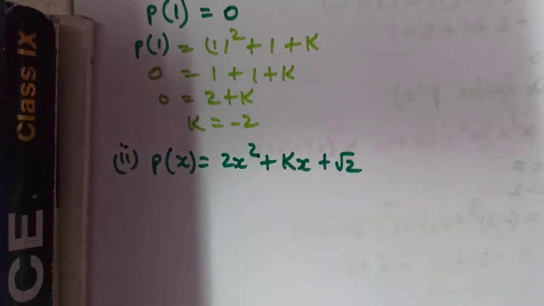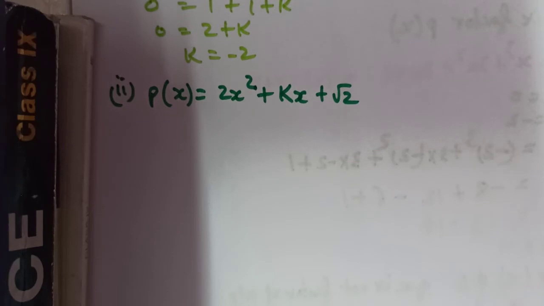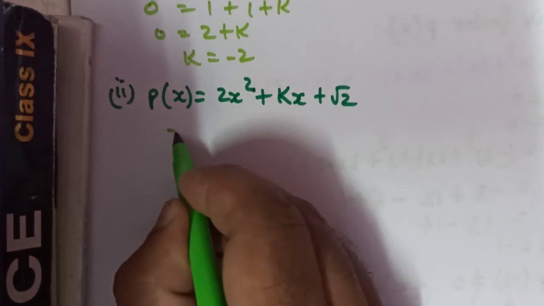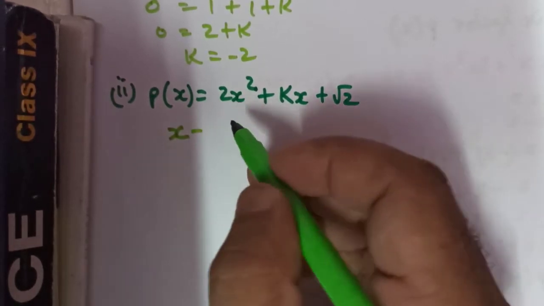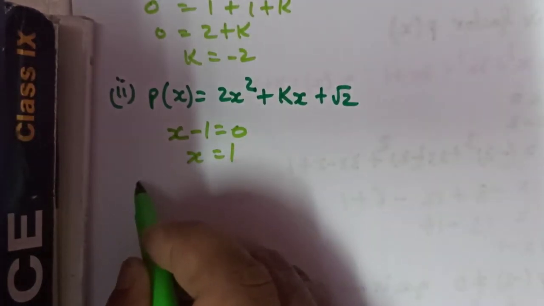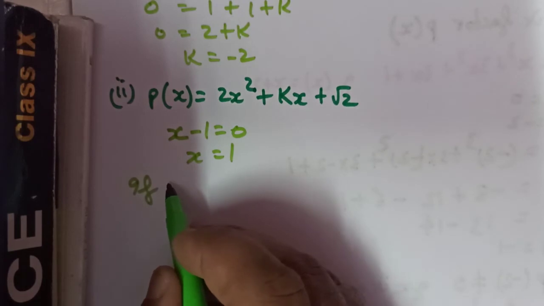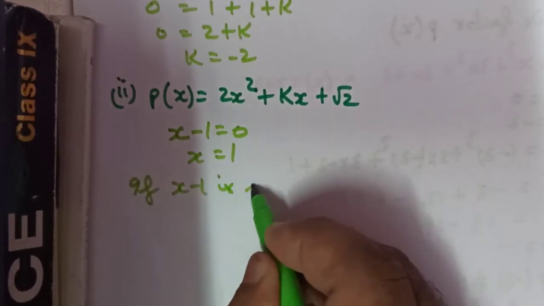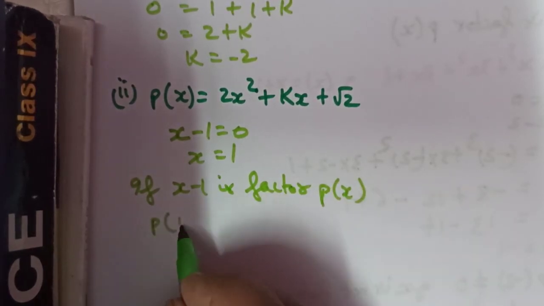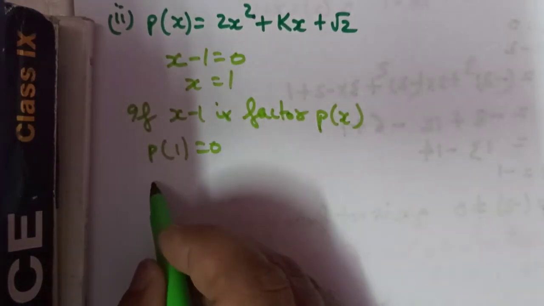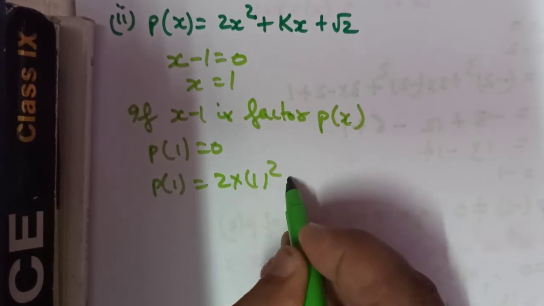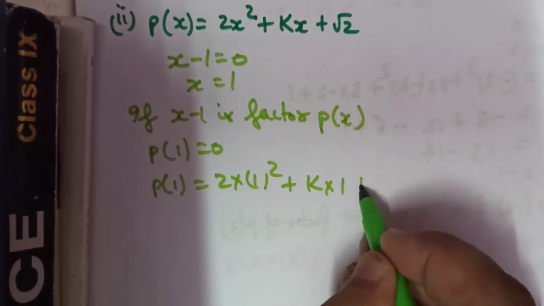Similarly, in the second part also, p(x) is given as 2x square plus kx plus root 2. So we will first calculate the 0 of x minus 1. So x minus 1 equals to 0, x will be equal to 1. And again we'll write the same statement of the factor theorem, that if x minus 1 is the factor of p(x), then in that case the value of p(1) will be equal to 0. So p(1) will be what? 2x square becomes 2 times 1 square, plus k into 1, plus root 2.